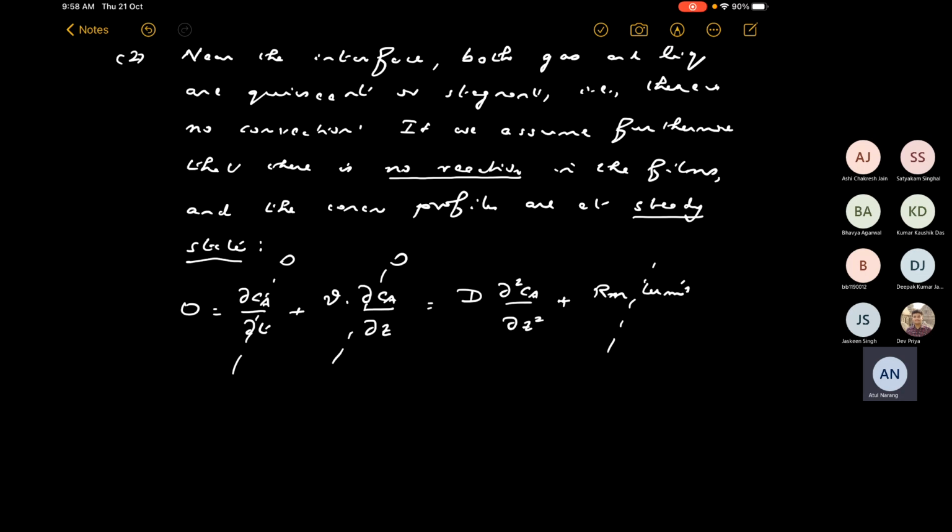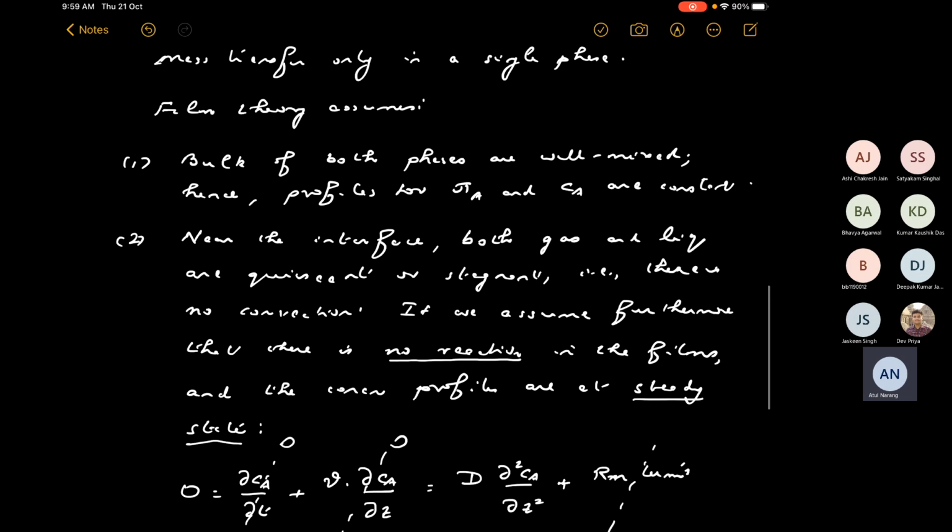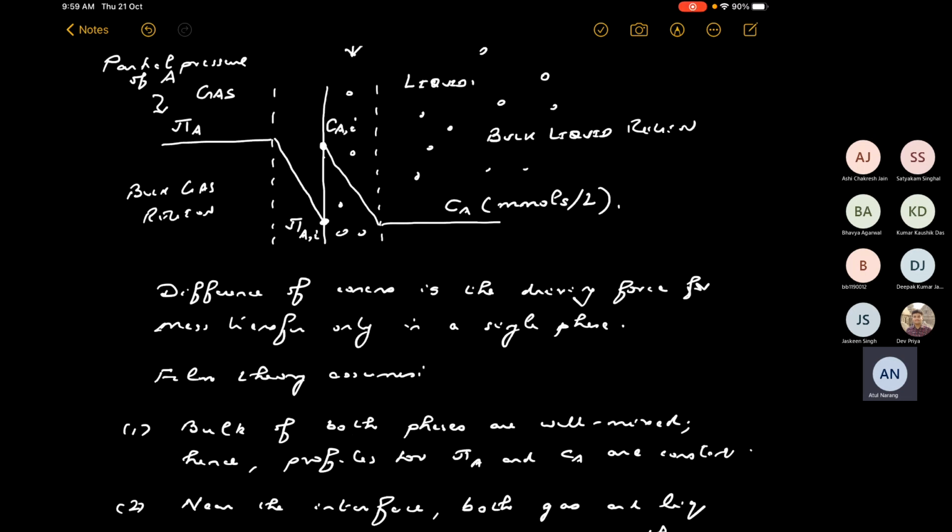Well, if d squared CA/dz squared is equal to zero, then that means dCA/dz is constant. So the concentration profiles inside the film are straight lines, which is exactly the way I have drawn them.